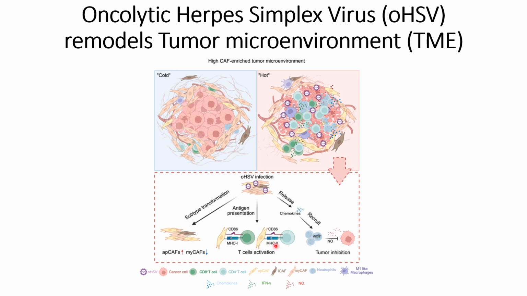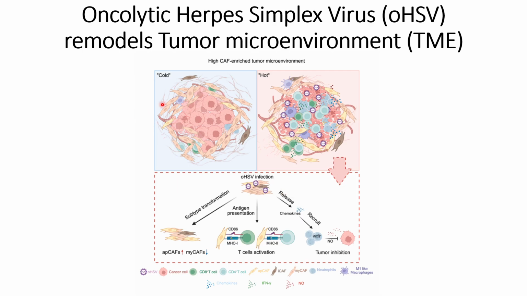Once the T cells get activated, they will attack the TME and the tumors through the release of chemokines, and these chemokines will then recruit other immune cells such as macrophages. These immune cells release nitric oxide, and this nitric oxide release helps in tumor inhibition. So these are three major aspects where oHSV infection works.